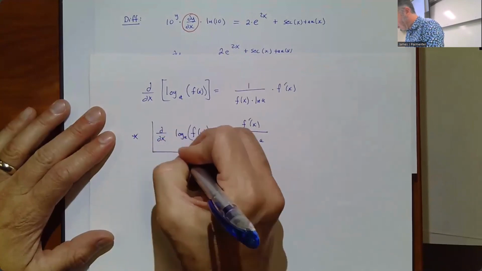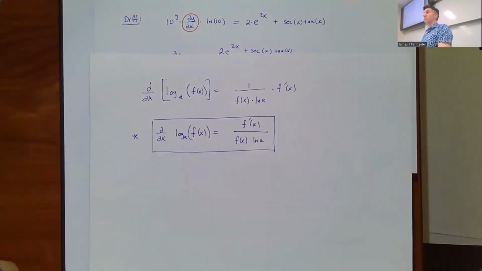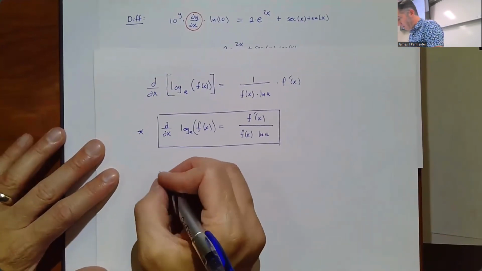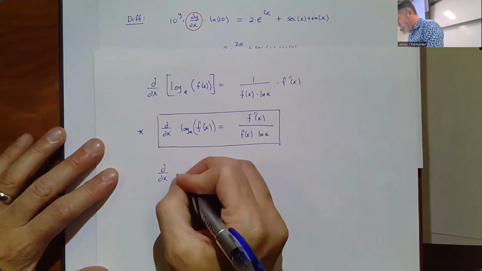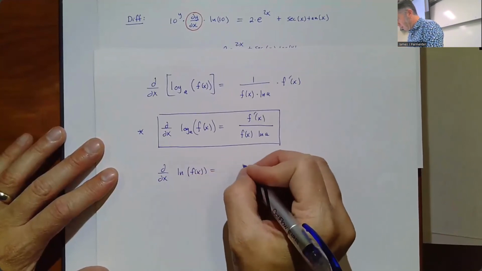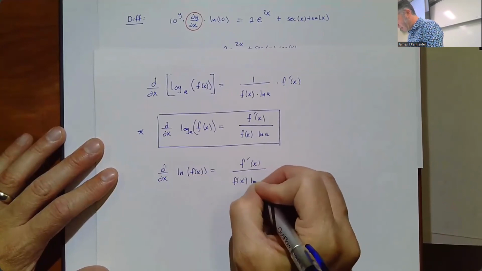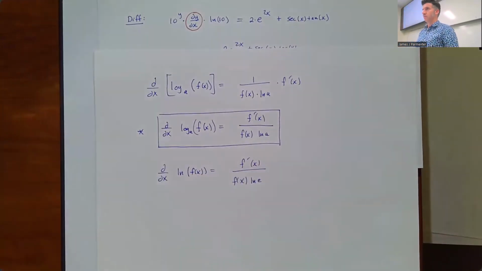And again, I will just point out, this is also the rule if your base is e. The derivative of the natural log of some stuff is the derivative of your stuff over your stuff times the natural log of e. The natural log of e is just 1.